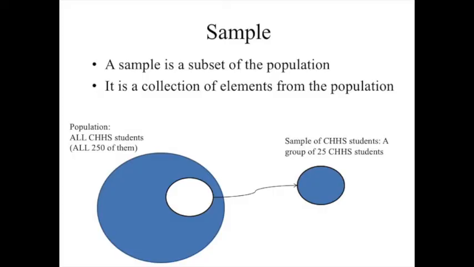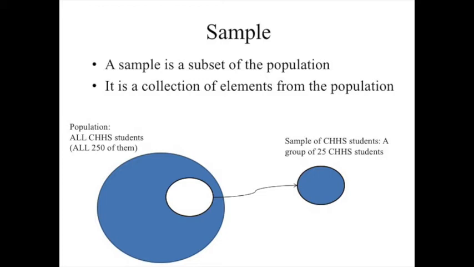So a sample is a subset of a population. It is a collection of elements from a population. For example, going back to one of our previous examples, if our population was all students in the CHHS major, then the sample would be a collection of CHHS students.